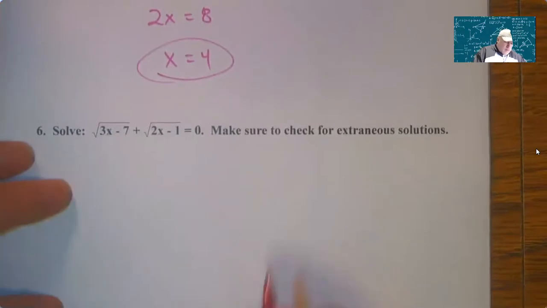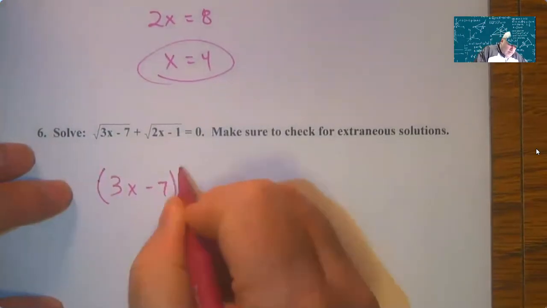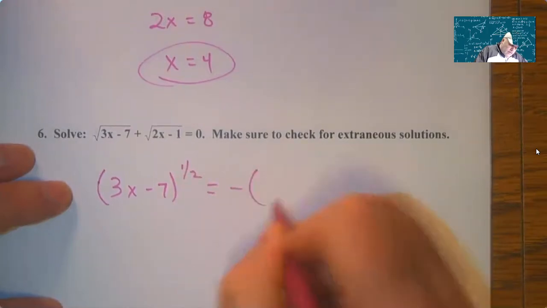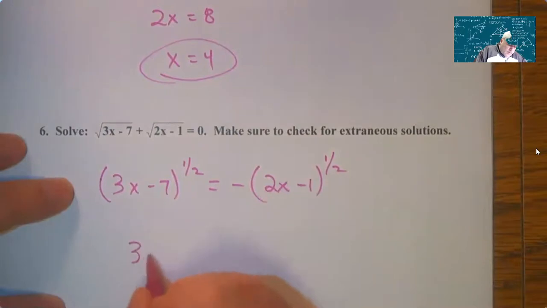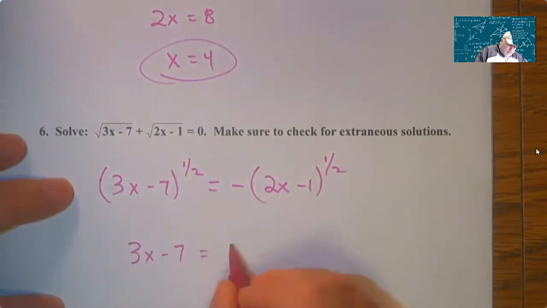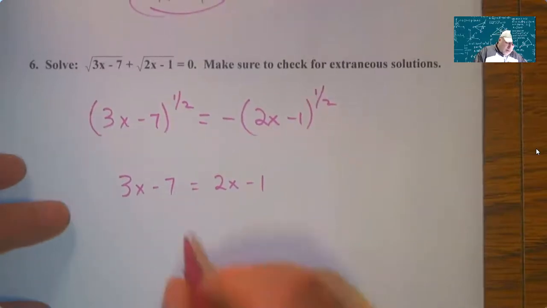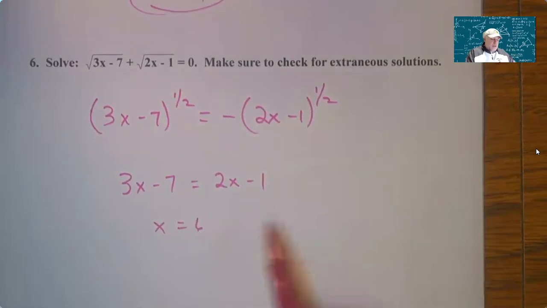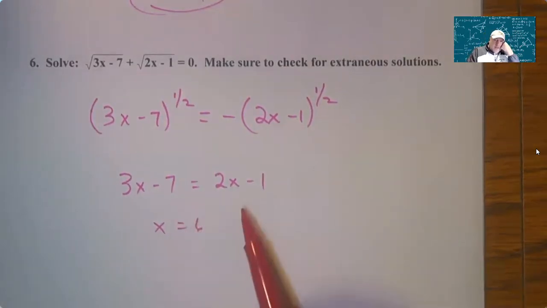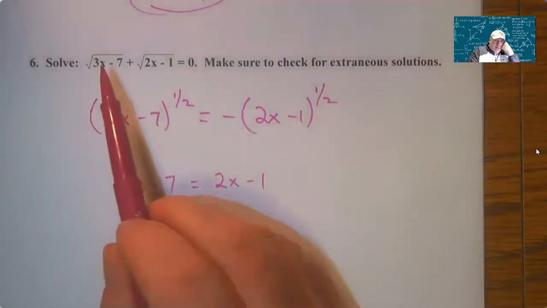So you'll have this. And when you square both sides, you'll get this. And that negative will square out. Then you'll get x equals 6. But when you put 6 back in, subtract 2x and add 7, you do not get it, so you go back to the original here.